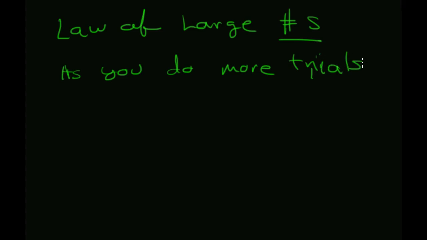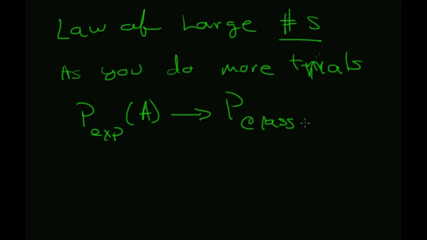So if you keep doing something over and over and over again, then the experimental probability of an event is going to get closer to the classical probability of the event. So if these 2 probabilities are being calculated correctly and you do more and more trials, then this number should be getting closer to this one.